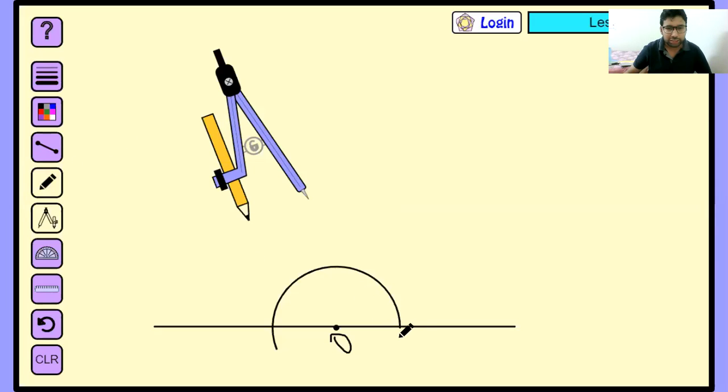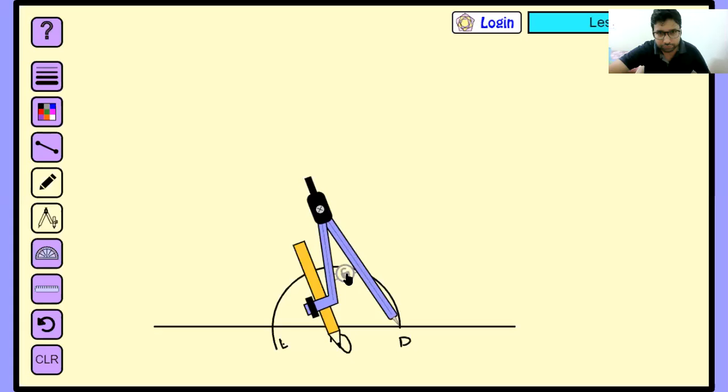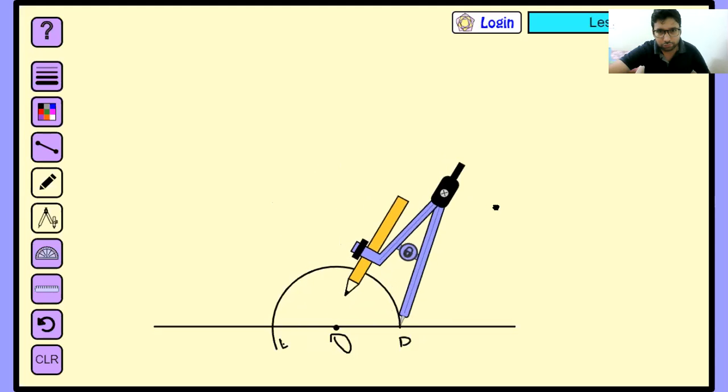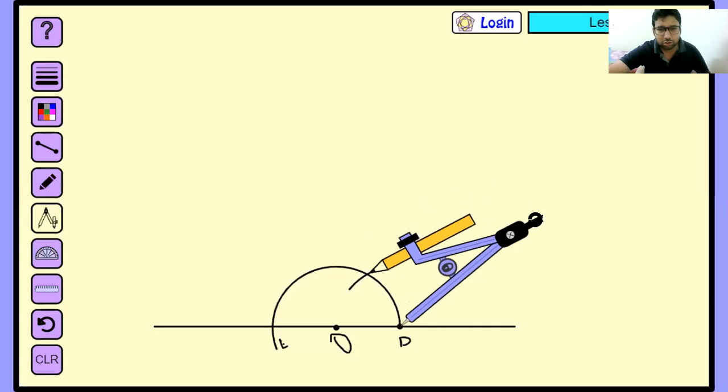Now see, suppose I call it point D, I call it point E. Now we have the option of first case, that is we can draw an arc of 60 degrees at this point. This is not required at all. Sorry. Let me undo this.